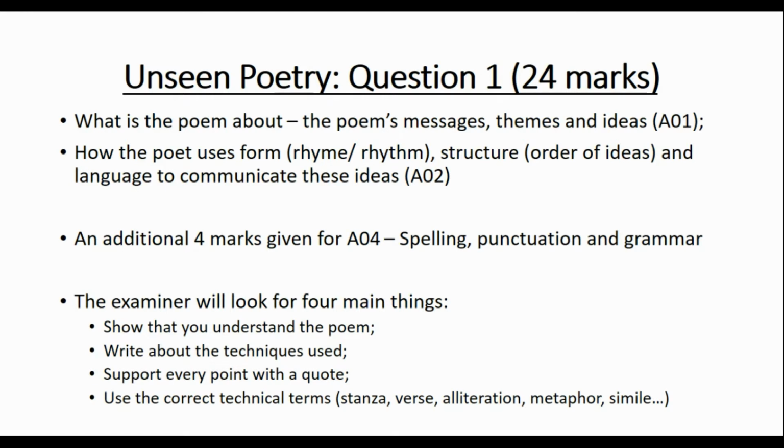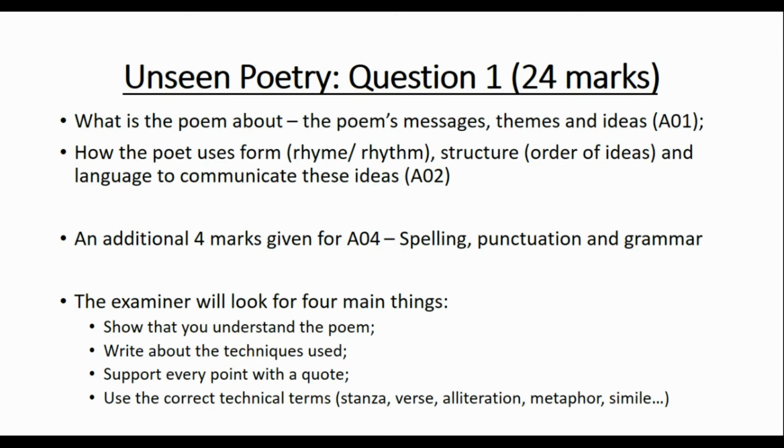Now, the Unseen Poetry exam, this part will probably take you around about 45 to 50 minutes. Question 1 is worth 24 marks. This part of the question, the examiner is trying to find out if you have the knowledge of what the poem is about.